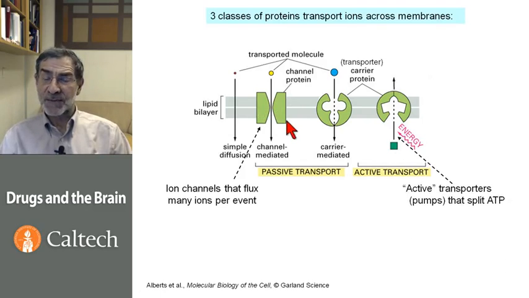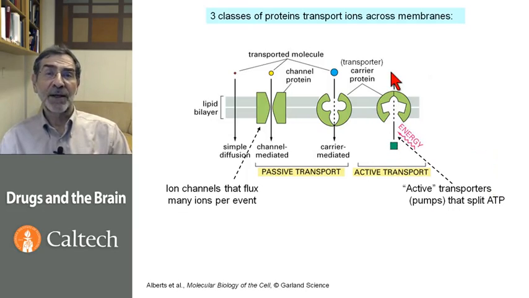Two other systems that transport ions include the active transporters, or pumps, that split ATP in order to bring ions across the membrane. There are three major classes of such ion pumps. We'll discuss two of them today.